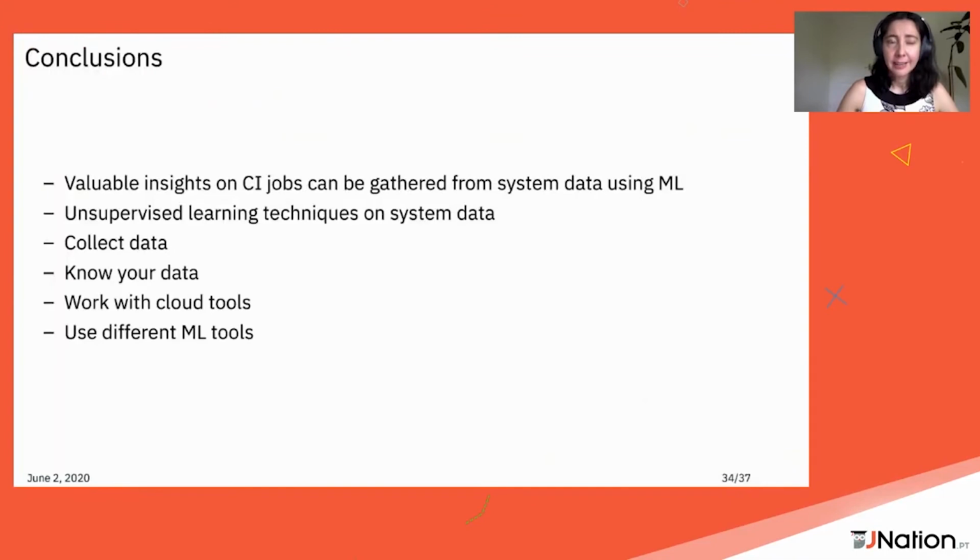So in general, at the beginning of the project, we had the suspicion that many of these failures coming on the gate pipeline were due to system load. And with our experiments, we could verify this suspicion, and we could also predict with good accuracy those failures having only system data.